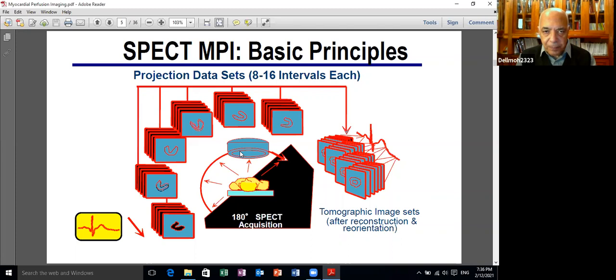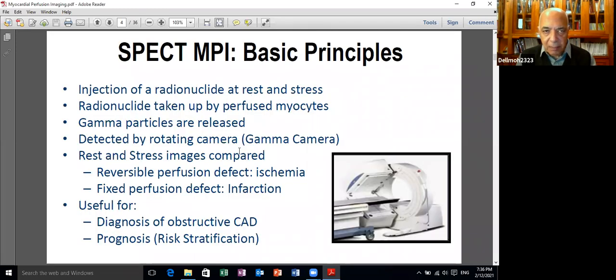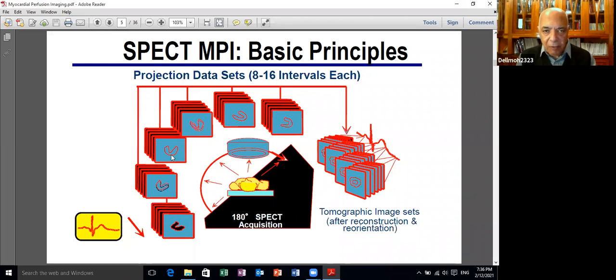And then these pictures are taken after the formation of the photon. After the formation of the photon, they are taken for each part of the RR cycle. So the RR cycle is divided between somewhere between 8 and 32. Now it's 32. So you get a picture for each part of the RR cycle phase.